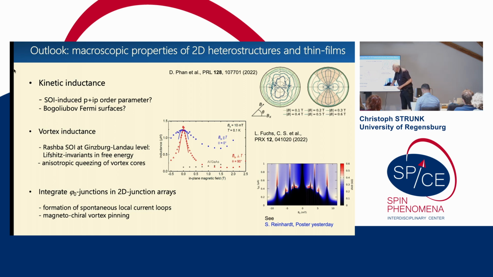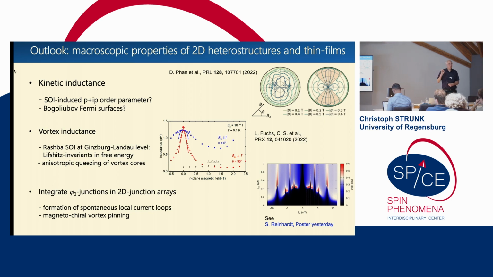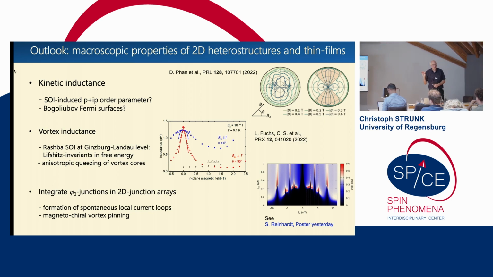Another thing that happens in the same material is that also vortices have a contribution to the inductance that may be at first a bit counterintuitive, but you have to recall that every contribution to the energy, which is quadratic in the current, has as a prefactor an inductance, right? And so in the case of the kinetic inductance, it is the kinetic energy which is proportional to I square because it's proportional to velocity square of the condensate.